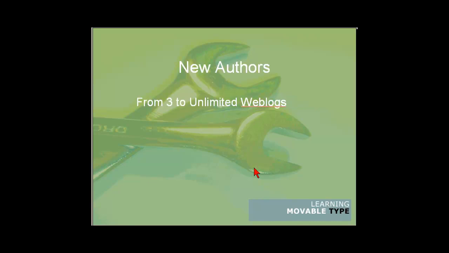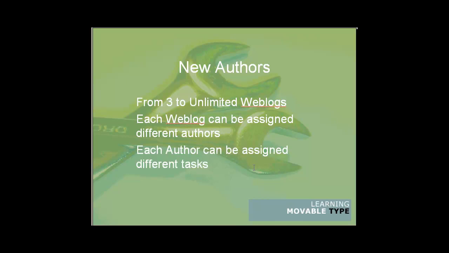Each Movable Type installation can have a number of weblogs, ranging from 3 in the free license up to unlimited in the various other licenses. And each weblog itself can be assigned different authors or combinations of authors. You can also select which tasks an author can perform on a per weblog basis.